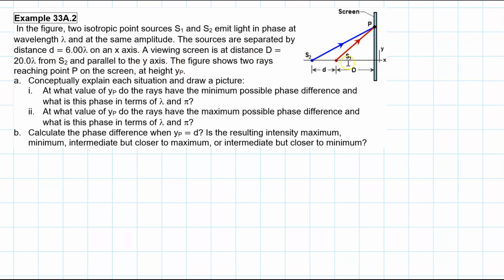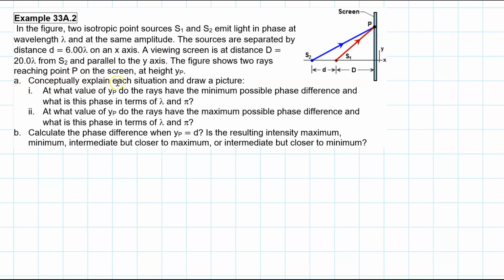So what you're seeing here is these two waves from source 1 and source 2 that are interfering at point P here. And this height from the central line is y of P.